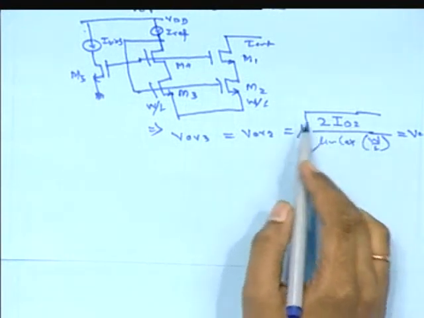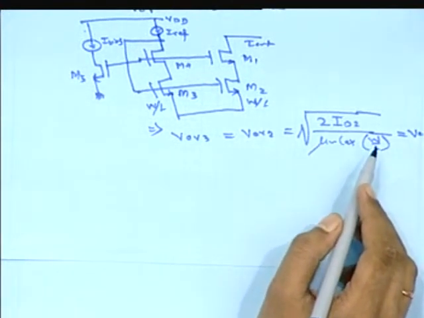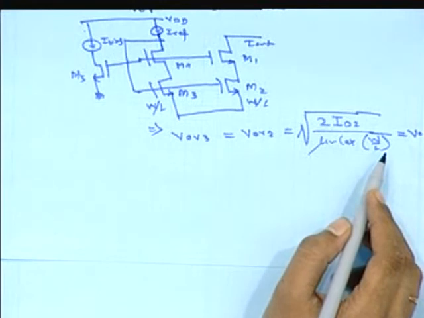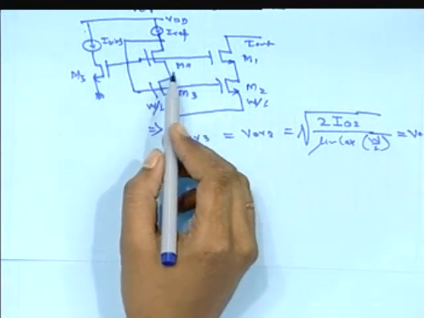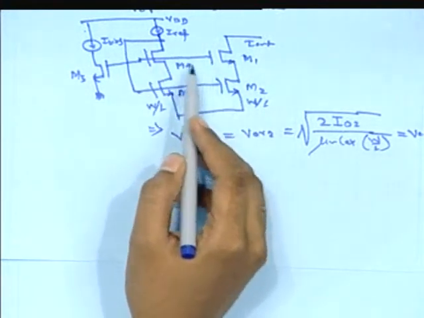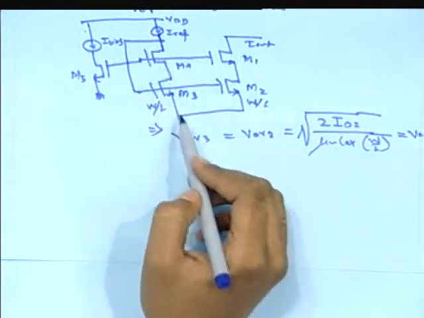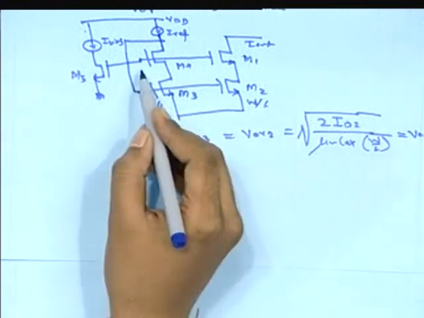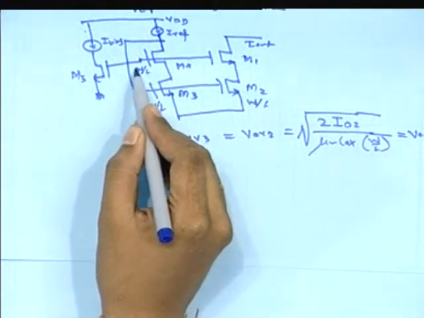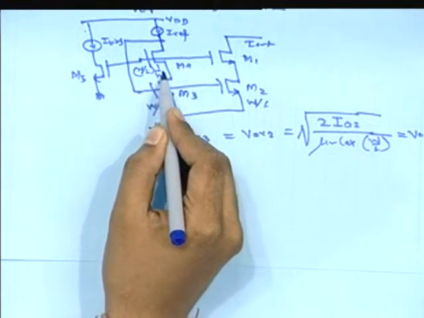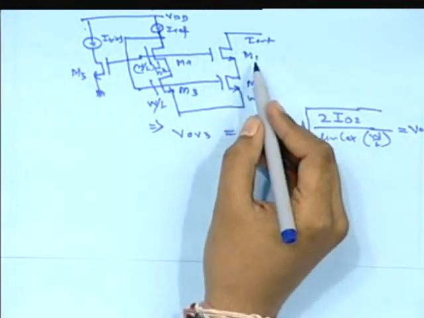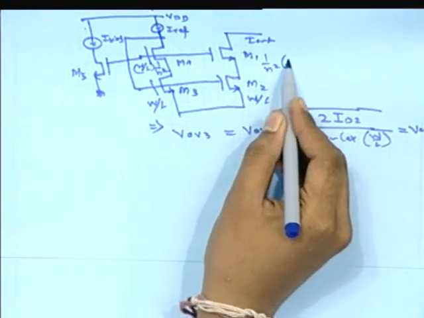Now see that this VOV is inversely proportional to the square root of W by L, and for these two MOSFETs the current is the same, that is, ID2 is the current through these branches, but the W by L ratio here is 1 by n square times that of these two MOSFETs, and here also 1 by n square of this.